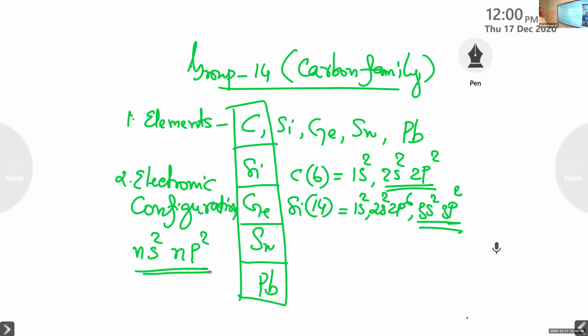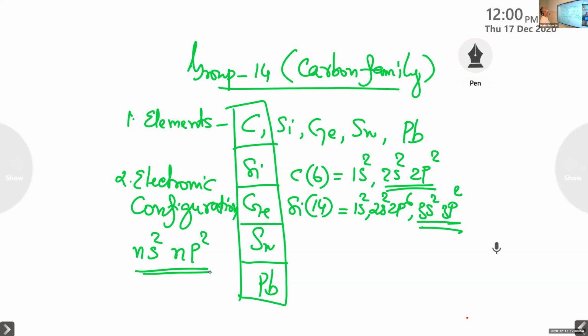In the outermost level, the valence shell, there are 4 electrons. Group 14, 4 electrons in the outermost level. Group 15, 5 electrons in the outermost level. Remember, just correlate all these things so that you can easily remember.